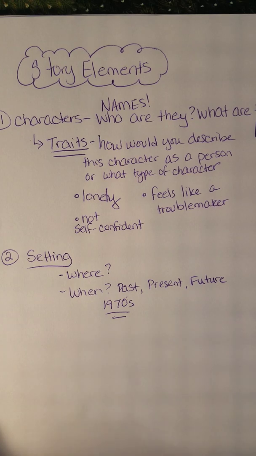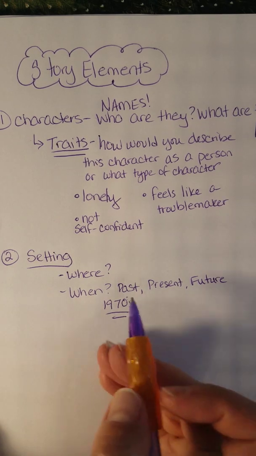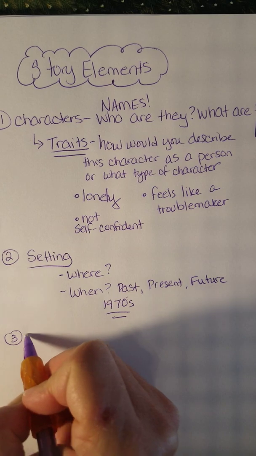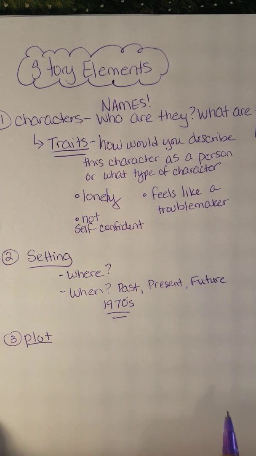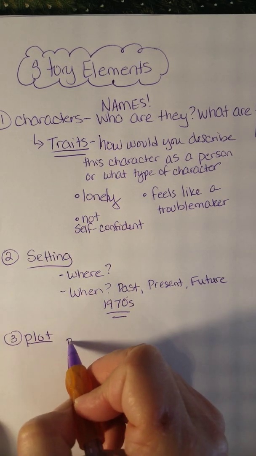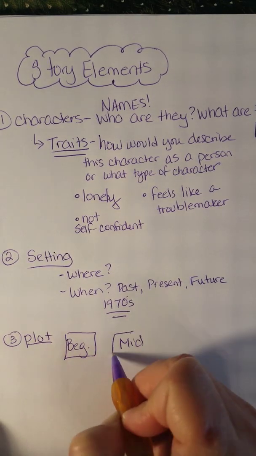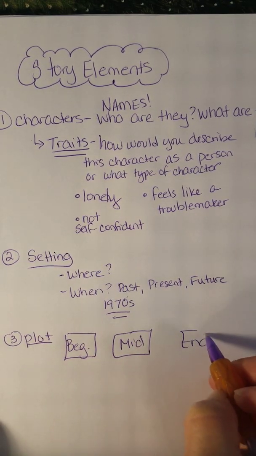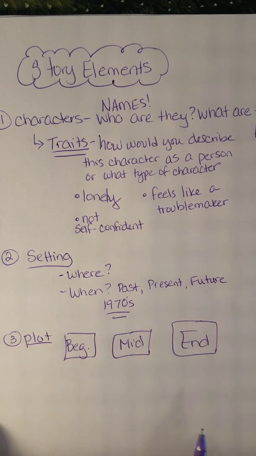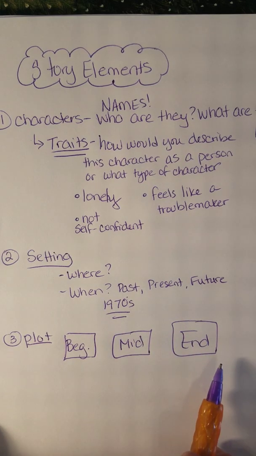So we've got setting, we have the plot, okay, and that means beginning, right, the middle, and the end of a story, okay, and you are going to be introduced.